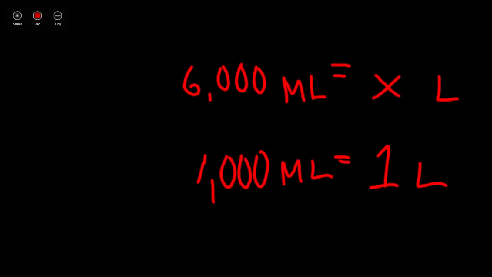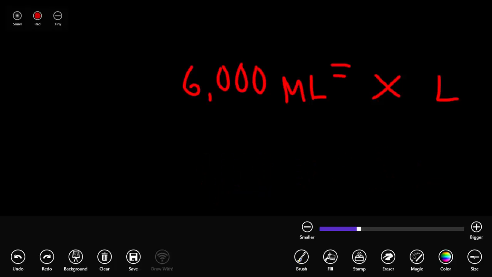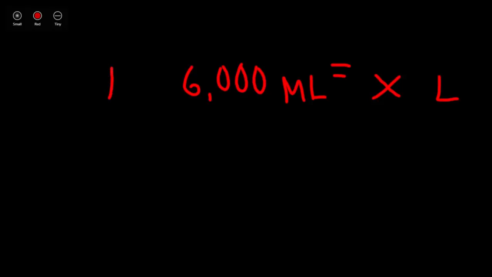Also, the root word in milliliters, milli, means 1,000. So now we know 1,000 milliliters equals 1 liter. We've listed what we don't know or what we're trying to find here.